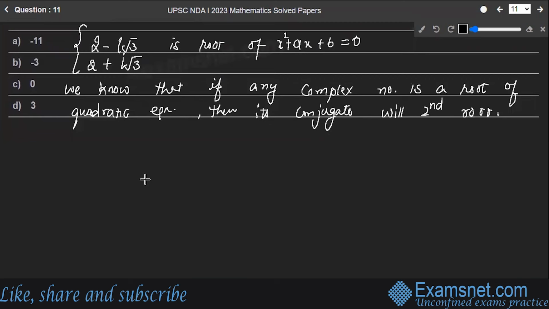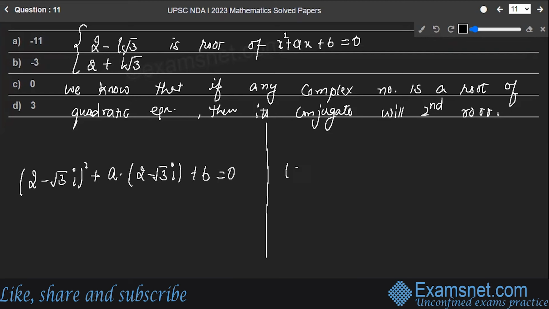You had x square, so one equation will be (2 minus root 3 iota) square plus a into (2 minus root 3 iota) plus b is equal to 0. And the second one is (2 plus root 3 iota) square plus a into (2 plus root 3 iota) plus b is equal to 0. Let's open it.